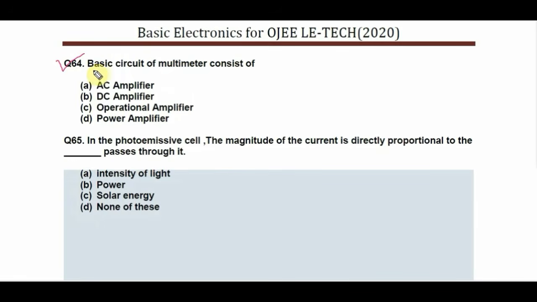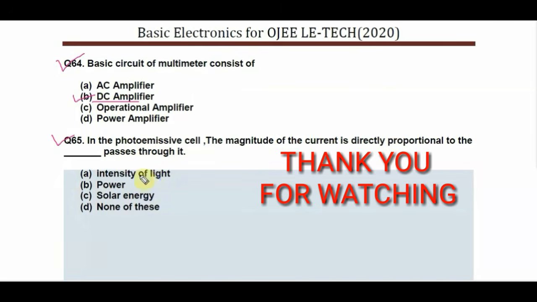Next question, the basic circuit of a multimeter consists of a DC amplifier. Option B is the correct answer. In the next question, in the photoemissive cell, the magnitude of the current is directly proportional to the dash passes through it. So it is directly proportional to the intensity of light. Option A is the correct answer.